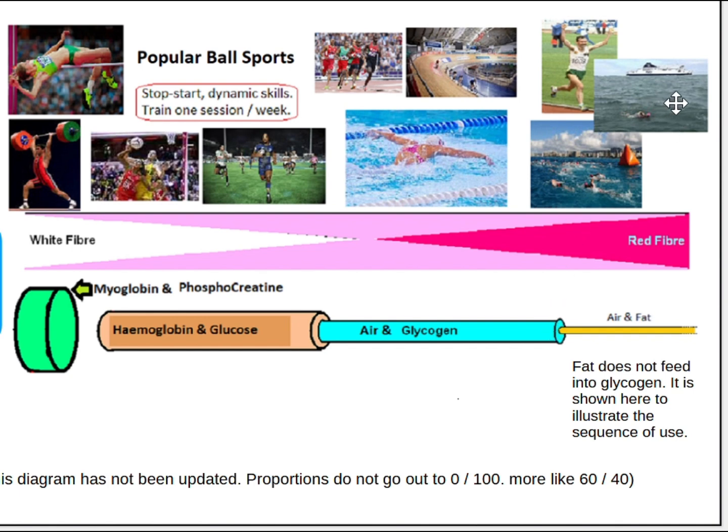Further over here, I'm guessing that's an ultramarathon athlete. They might be swimming the English Channel, something like that. They will have to train themselves to run on fat, and all of these need a very high proportion of red slow twitch muscle fibre.